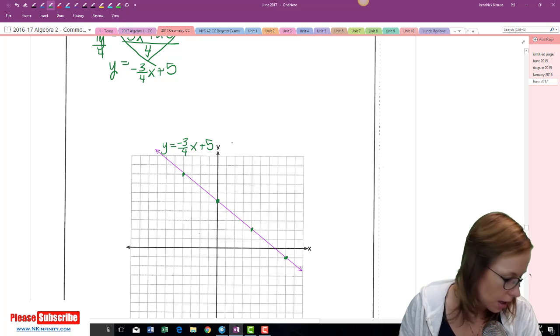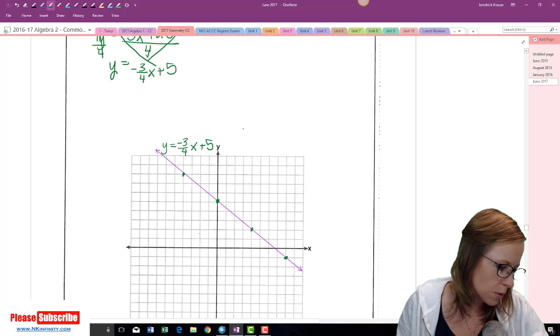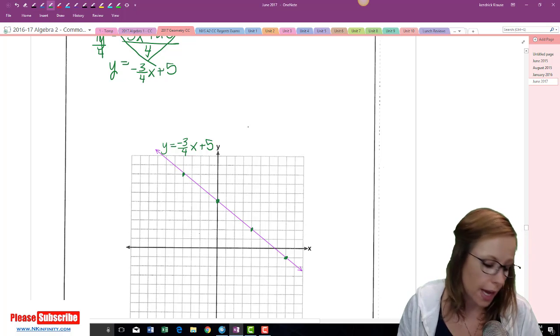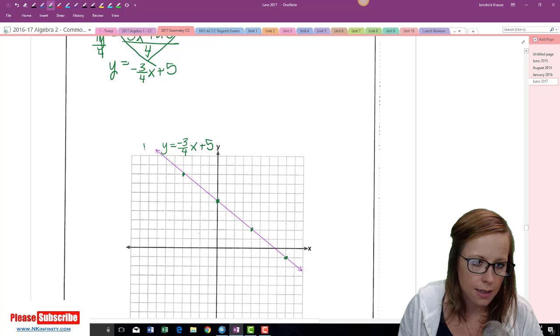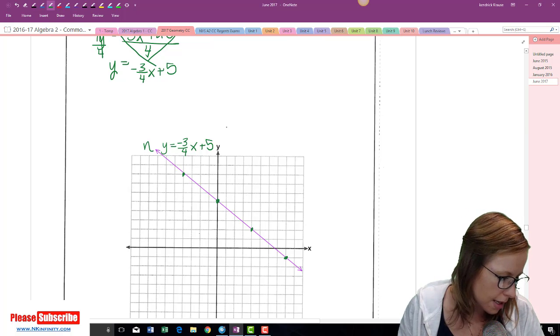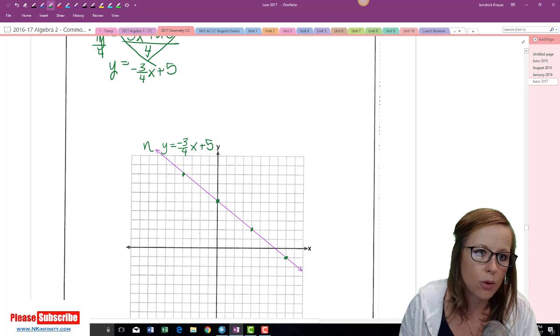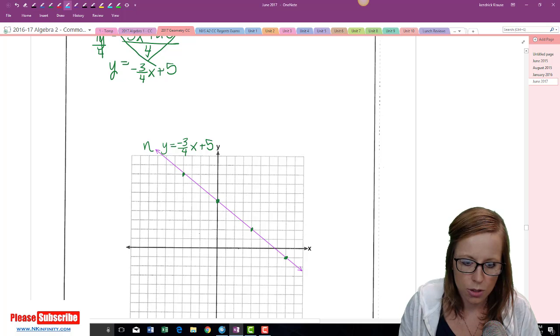Great. And it says to you to determine and state the equation of line P. So this is N. Line P, the image of line N after dilation of scale factor 1/3, centered at the point 4, 2. So you got to plot the point 4, 2. So 1, 2, 3, 4, 2. Oh.